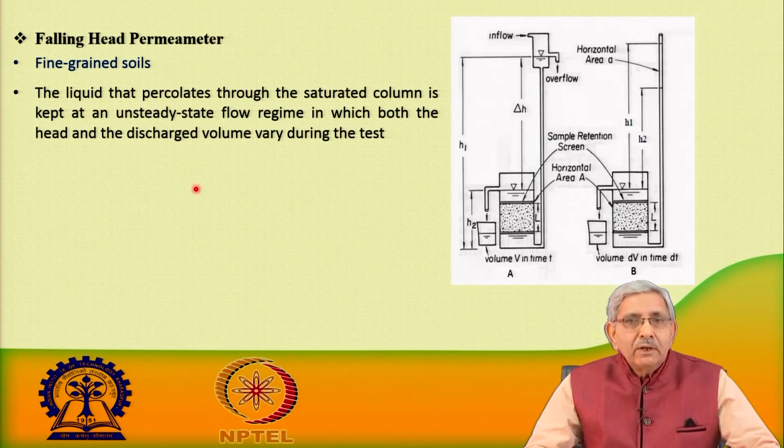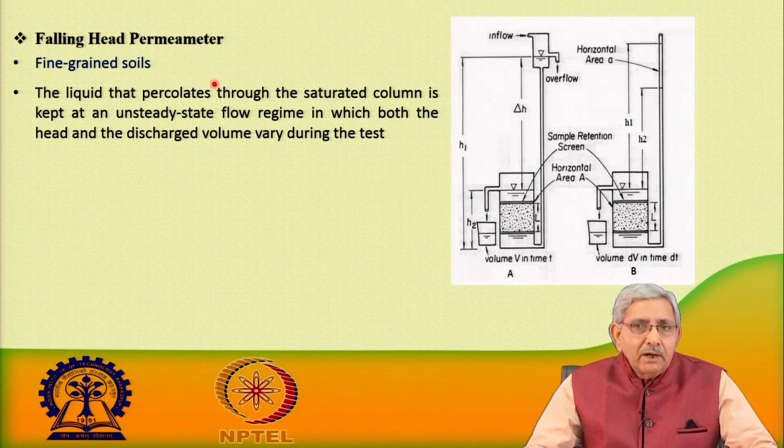Now, the other one is the falling head permeameter. The falling head permeameter is used for fine grained soil particles. Even for laboratory purposes, any soil sample can be brought, but it should be an undisturbed soil sample. The liquid percolates through the saturated soil column, and it is kept unsteady.